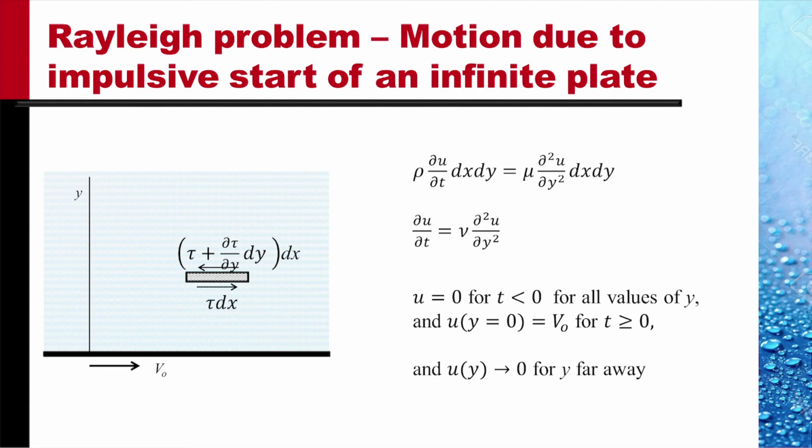So u of y at 0 is v naught at t greater than or equal to 0. And far away, the velocity would still be 0. That is assuming that it takes infinite time for the effect of the motion of the plate to penetrate far away from the plate. So we can take u of y tends to 0 for y far away.